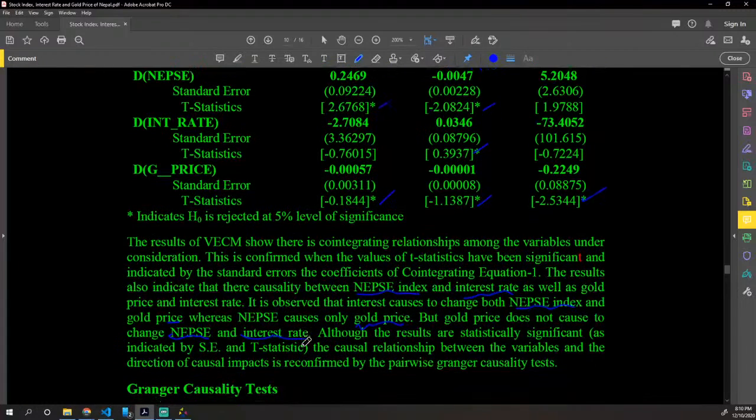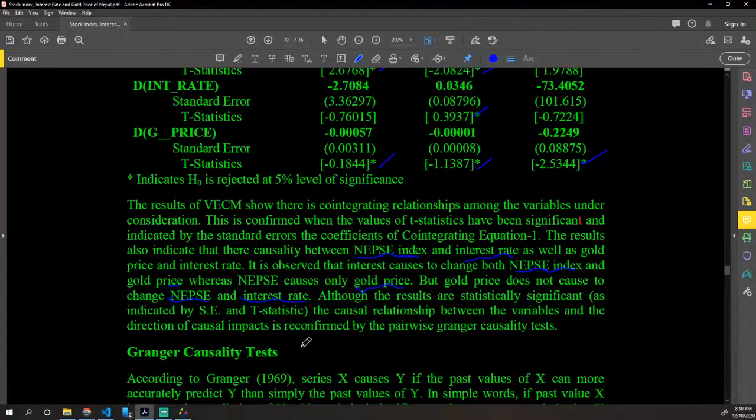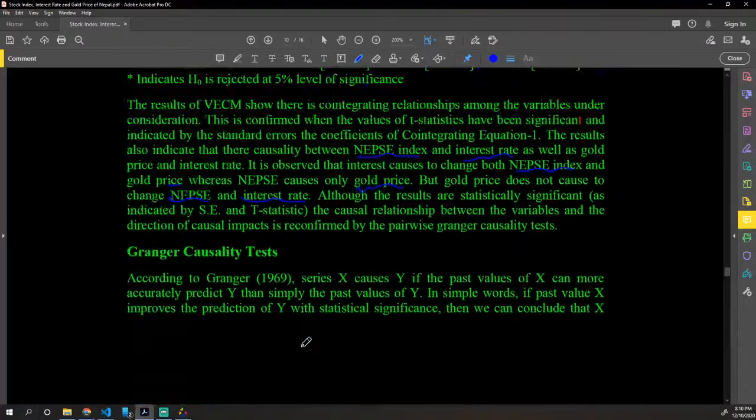Although the relationships are statistically significant as indicated by the test, the causal relationship between the variables and the direction of the impact is reconfirmed by the pairwise Granger causality test.